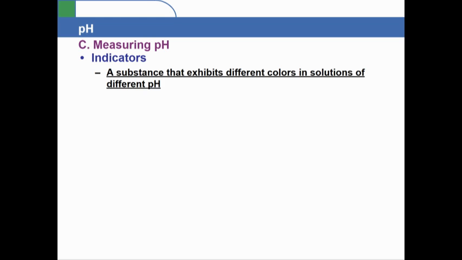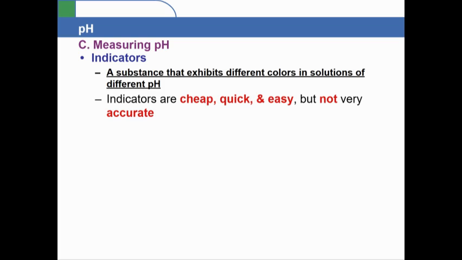Some are combinations of these different chemicals. Now, the benefits of indicators is that they're inexpensive, i.e. cheap. They're quick to use and very easy to use, but they tend not to be 100% accurate. Or if you want to get very accurate with them, you tend to need to do very specific chemical processes in order to become accurate with them.